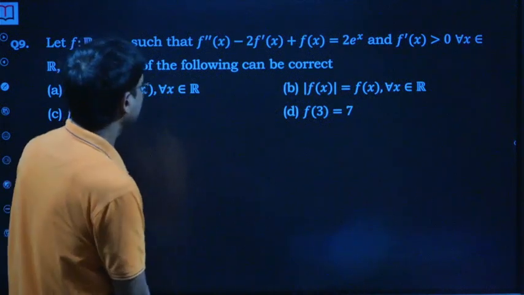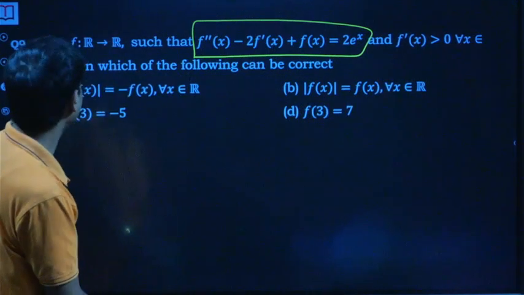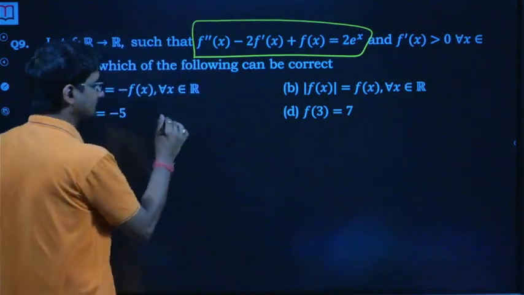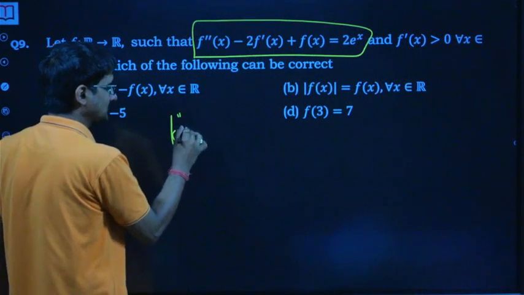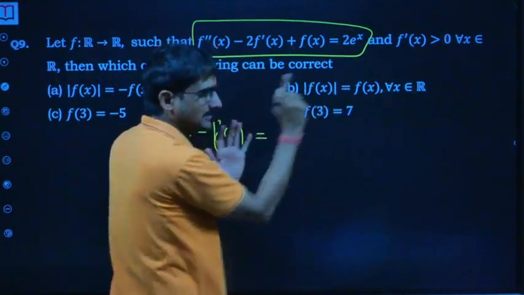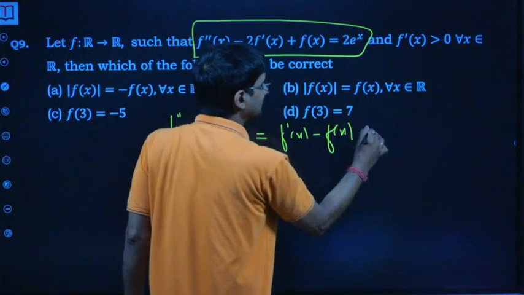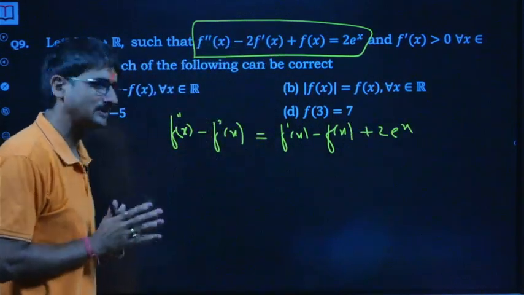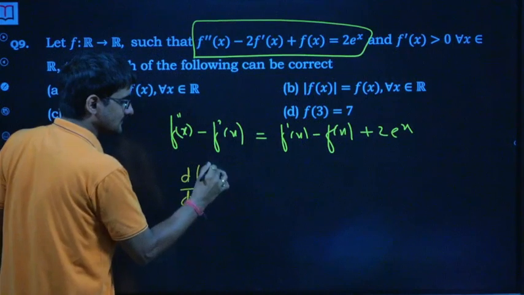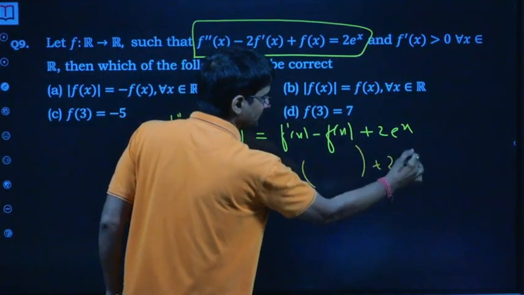Next one is such that, because I spent some time solving this question, f'(x) is positive, which of the following. So see what things I tried. First I tried to write it as f''(x) minus, I take f(x) and f'(x) to that side, f''(x) minus f(x) plus 2e^x. The first thing I tried was, can I write it as the derivative of f'(x) minus f(x), which I have here, but that was the problem.